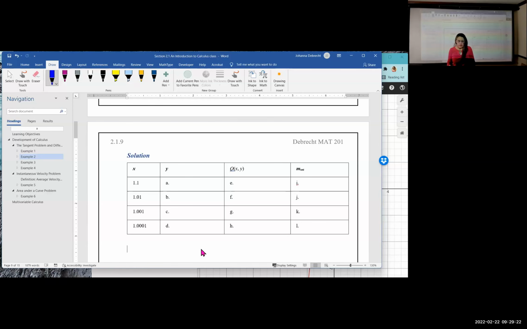What is 1.1 cubed? 1.331. 1.1 cubed. Yeah, 1.331.